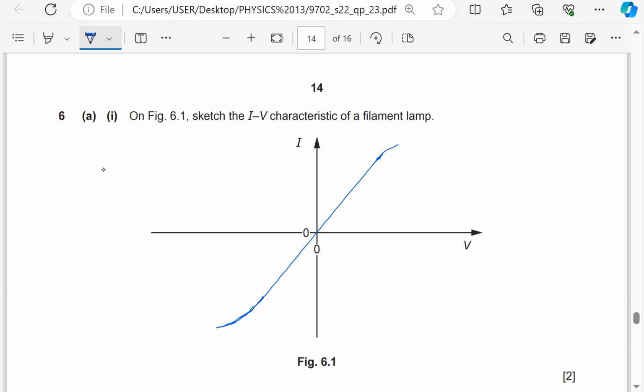So it is hard to make it bend, but if you are sketching on paper, it is easy. You don't just make it perfectly horizontal, but you show a decreasing gradient at the extreme end.